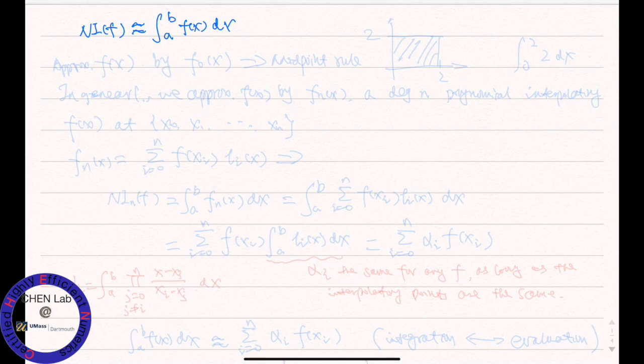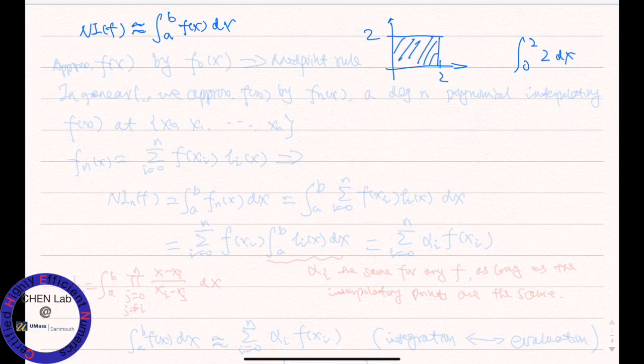If I integrate the function 2 from 0 to 2, obviously that's just 4. That's the integral of a constant.